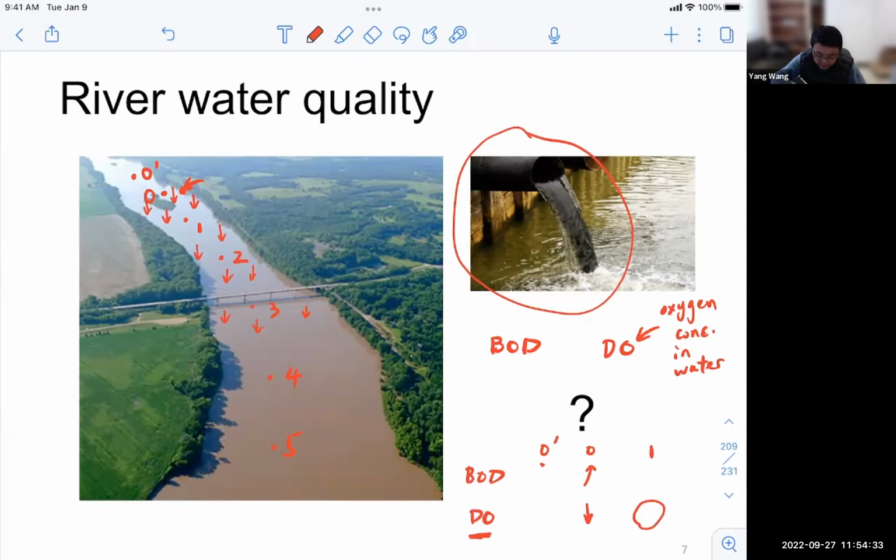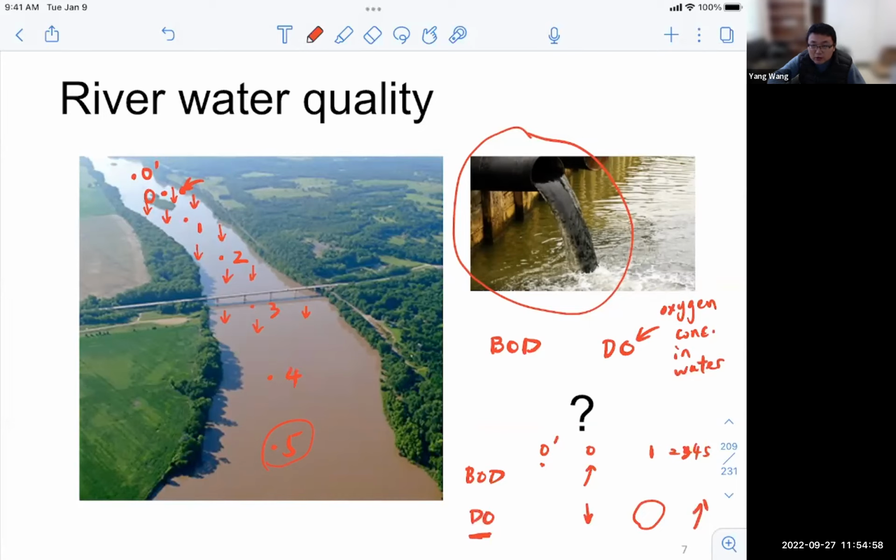So eventually, let's say when we measure the dissolved oxygen at 0.5, it's going to have a higher dissolved oxygen concentration, right? Let's say 2, 3, 4, 5, until 5, right? So the dissolved oxygen concentration is going to be higher at 5, mainly because our atmosphere is adding this oxygen back into the river, okay?